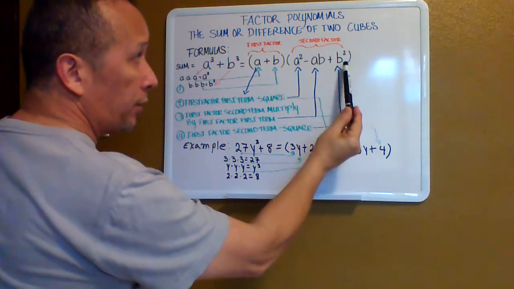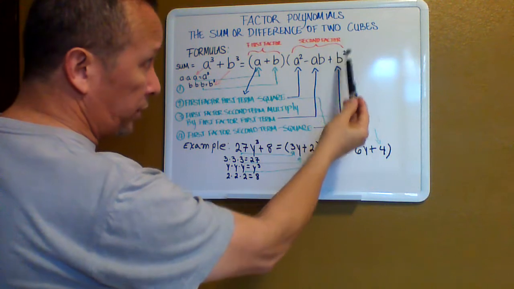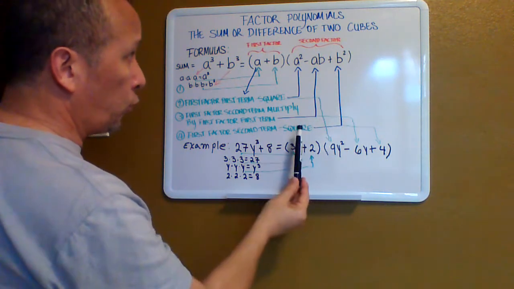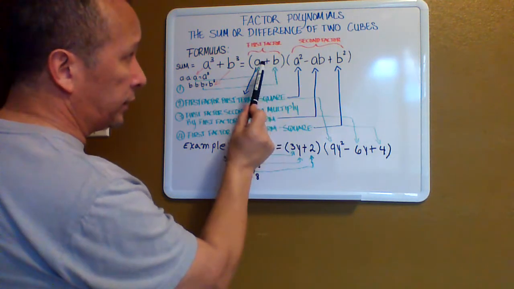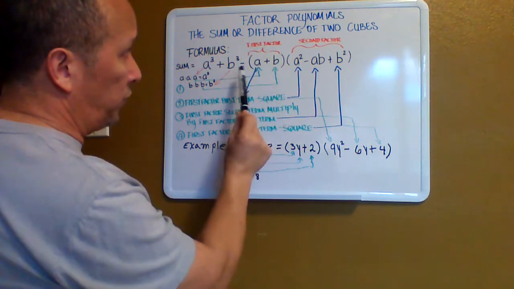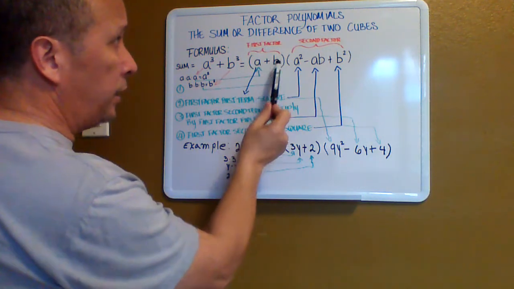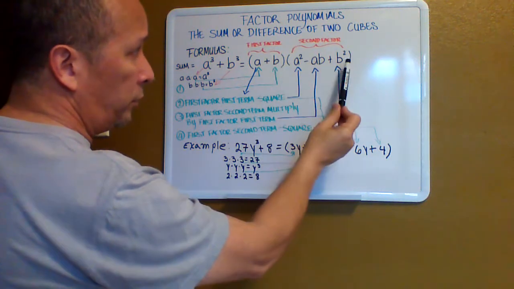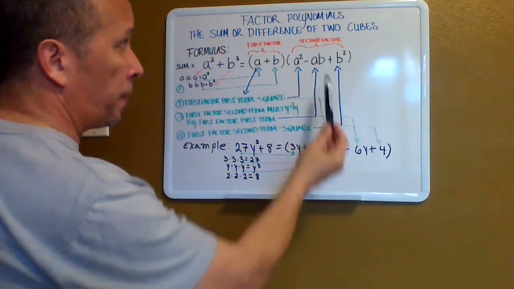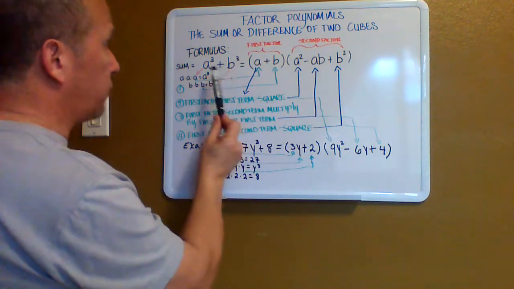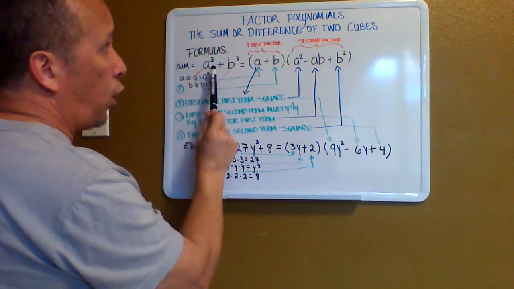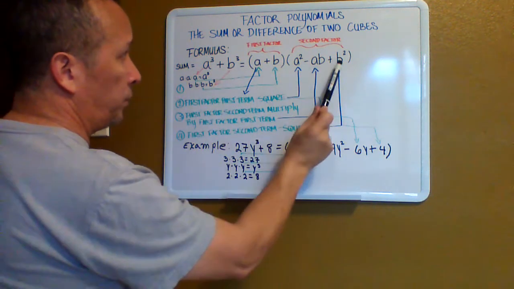Okay, to get the third term of our second factor, we have to square the second term of our first factor. In this example, the second term of our first factor is the letter b, and b squared equals b squared. Now we get the two factors, or the factoring of the sum of two cubes.